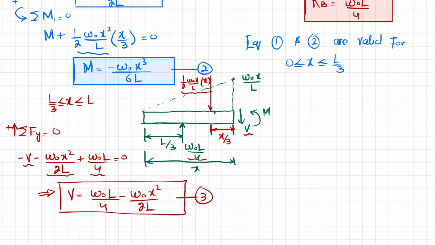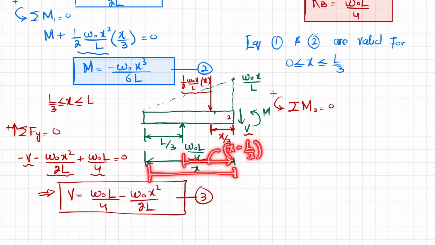What about moment? So we will apply the sum of all moments. Let this point be point 2. About point 2 the sum is equal to 0, taking the counterclockwise moment as positive. About point 2, one moment is due to this load, which is W naught L over 4, and the perpendicular distance will be X minus L by 3, because total is X, and when you subtract this portion, X minus L over 3 will be this portion.